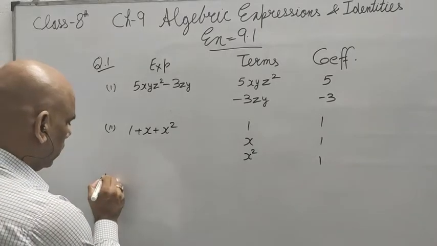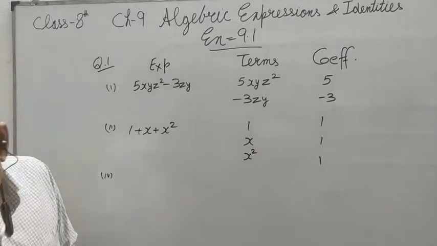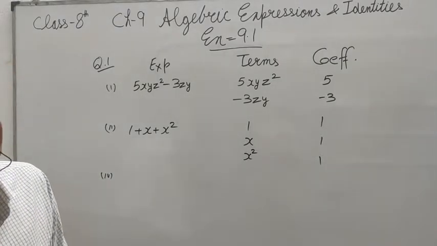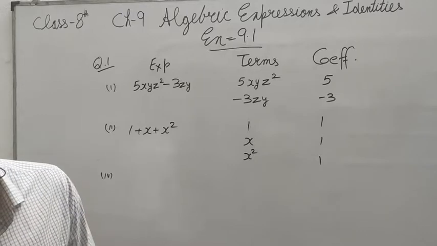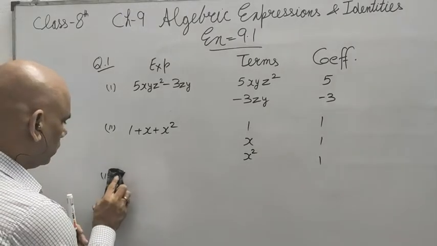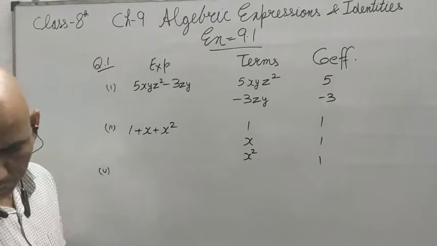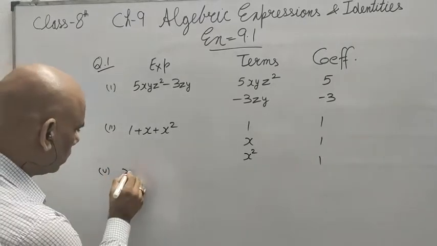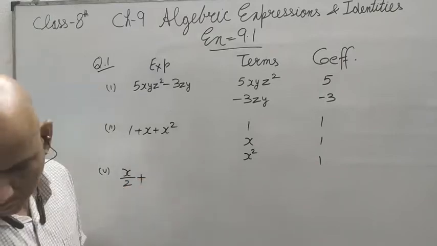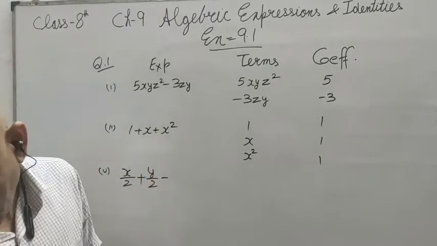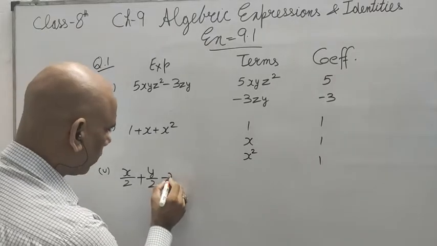Let me tell you the fifth one. The fifth one is saying x by 2 plus y by 2 minus xy.